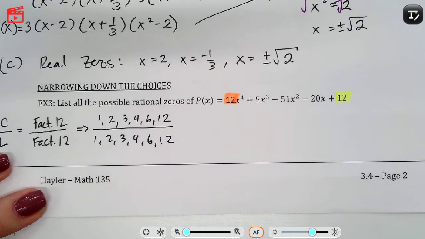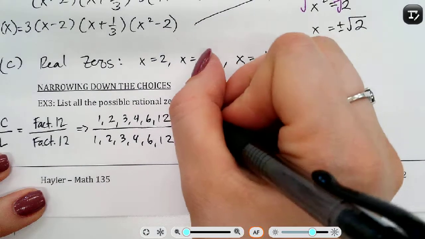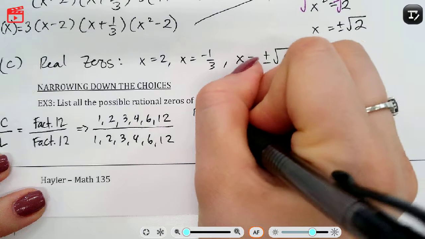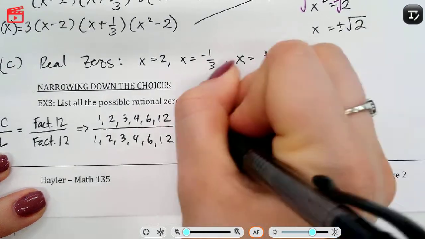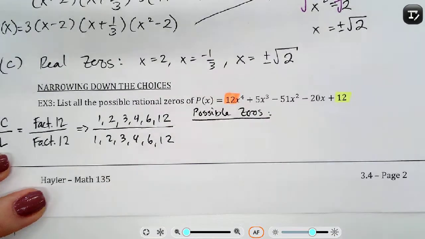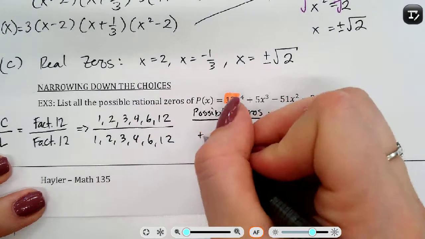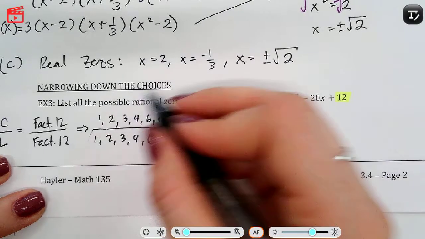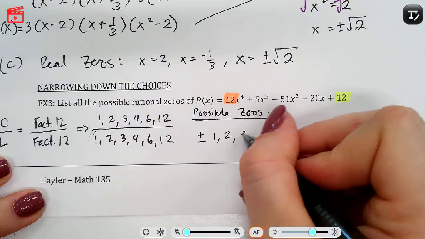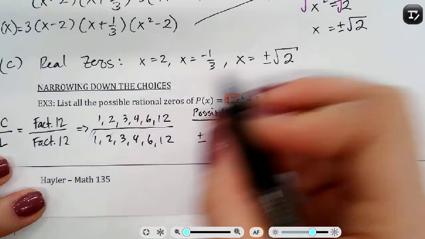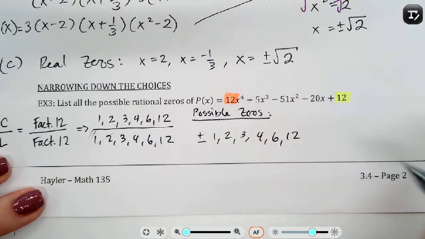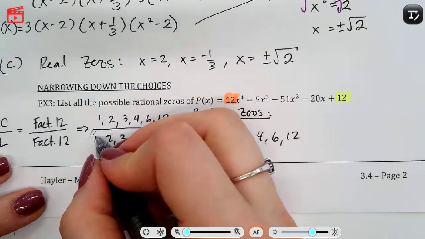All right, but let's go ahead and do this. Possible zeros. Let's start with 1. So plus or minus 1, 2 over 1 is 2, 3 over 1 is 3, 4 over 1 is 4. In fact, I can just write them all down because I know they're all going to be over 1. Well, that was when we looked at 1.